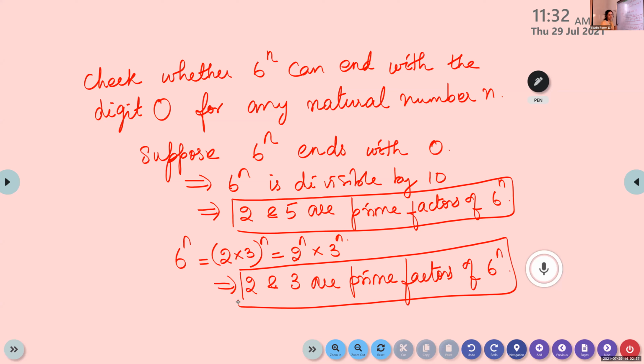Here 2 and 5 are prime factors, here 2 and 3 are prime factors, isn't it? So by the fundamental theorem, prime factorization of a number is unique.